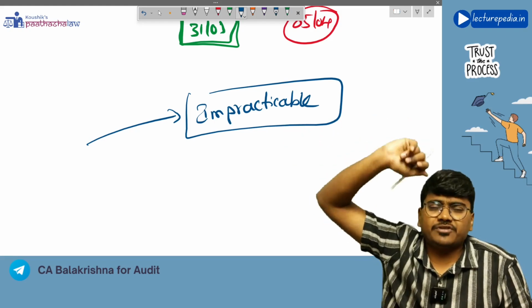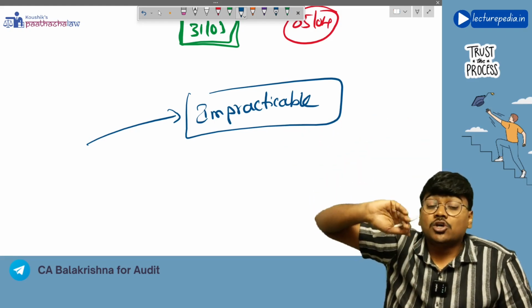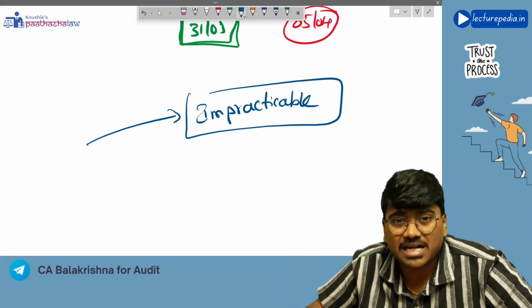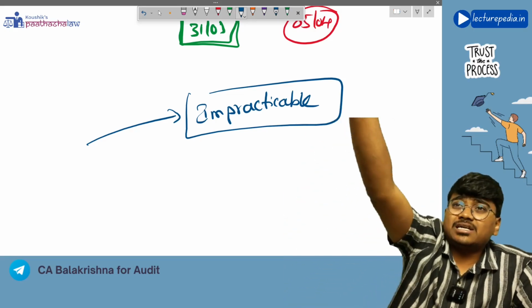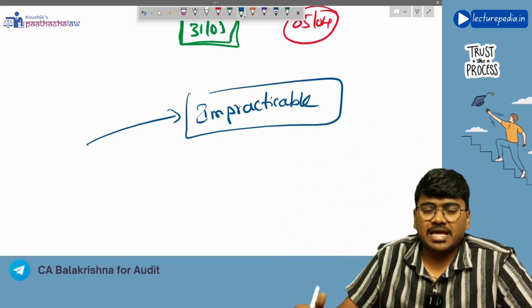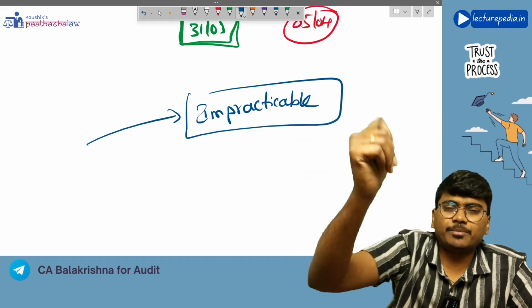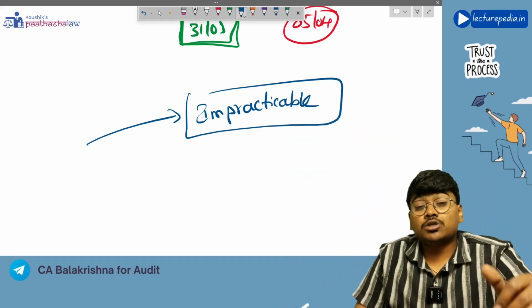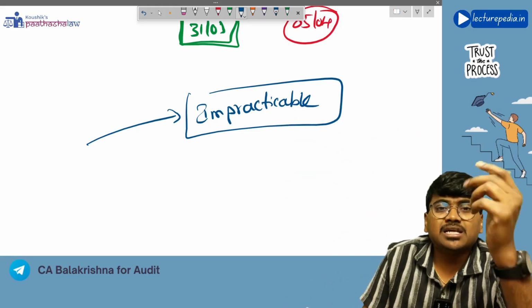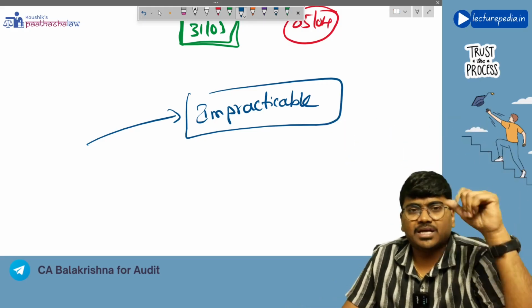If you attend that physical inventory verification, in such a situation it is completely impracticable. Or inventory is located in the middle of the sea, like crude oil, which will be present under the sea, right? In such a situation it is completely impracticable to attend physically, correct or not.